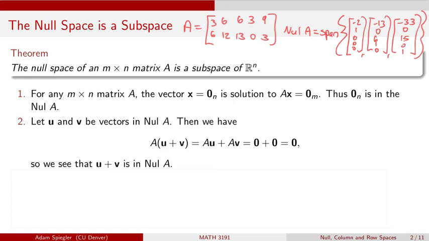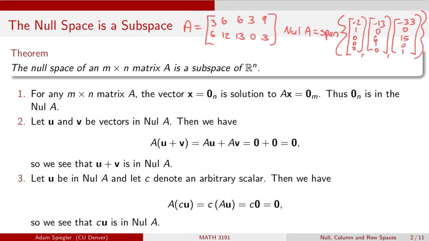And thirdly, for scalar multiplication, take some vector u in the null space of A, and let c denote any arbitrary scalar. We also know, as a property of matrix-vector multiplication, that if I multiply matrix A times the vector cu, we can pull out the scalar multiple c in front of the product.